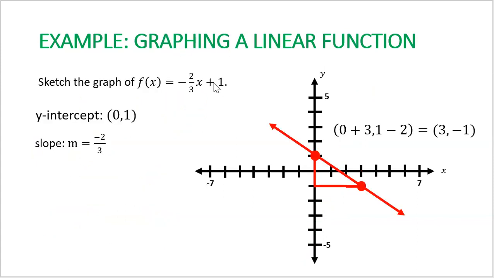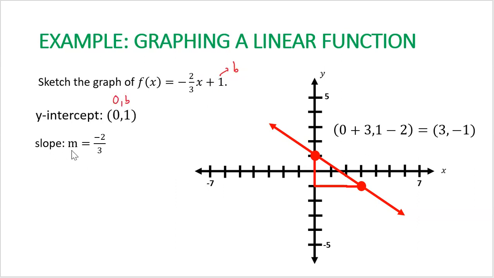Now, if we have a second example, let's say sketch the graph of f of x is equal to negative 2 over 3 times x plus 1. Let's make use this time of the y-intercept and the slope. So from this function, we can easily determine that the y-intercept is 0 comma 1 because this is the value of b. Y-intercept is 0 comma b.